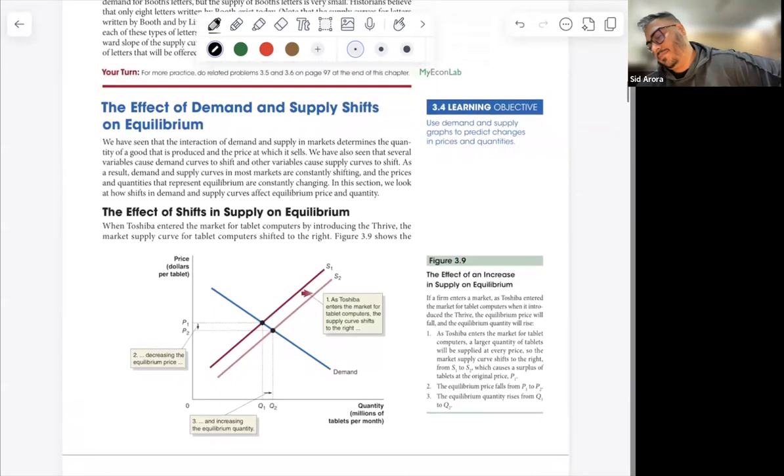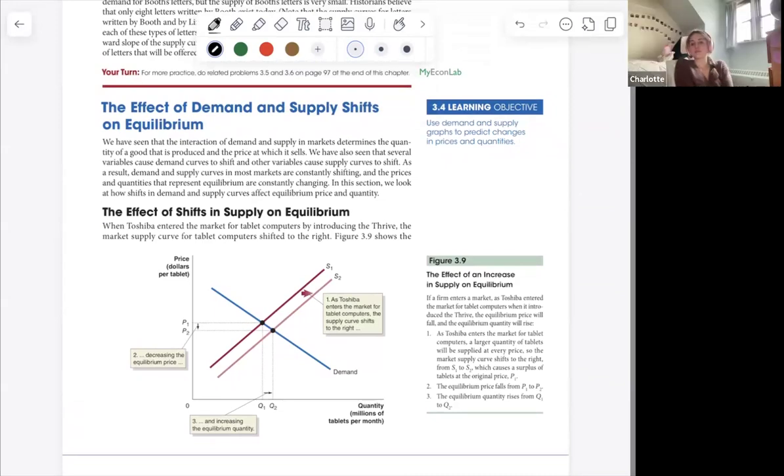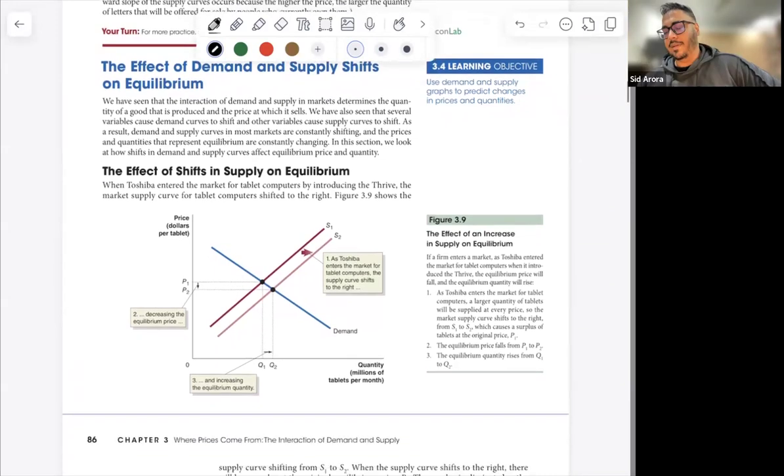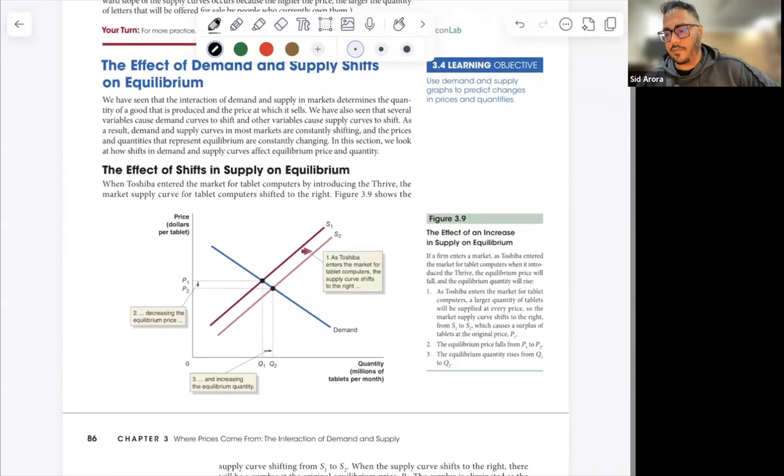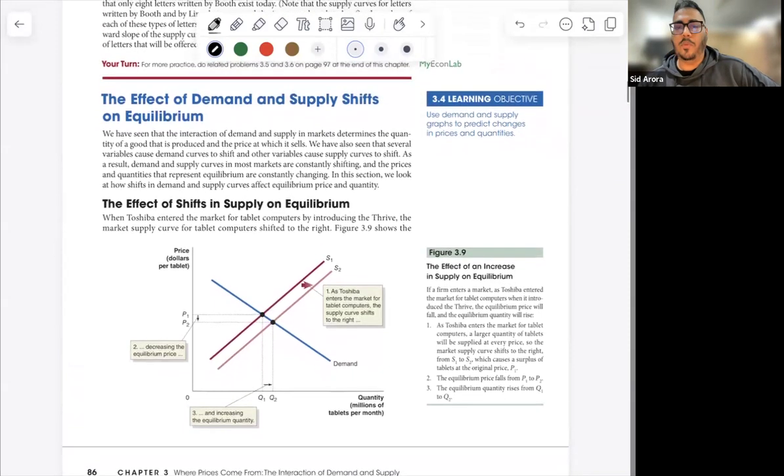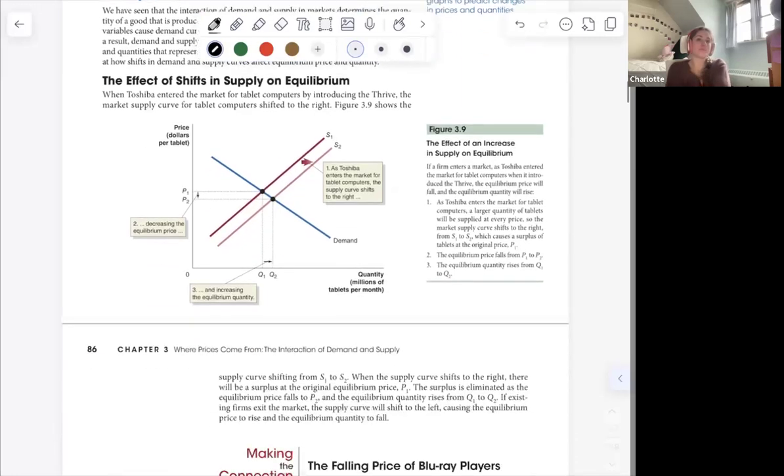As we move through the course, there's definitely going to be new stuff, but for now we're looking at similar things from a macro perspective, looking at the whole market instead of one consumer or one producer.